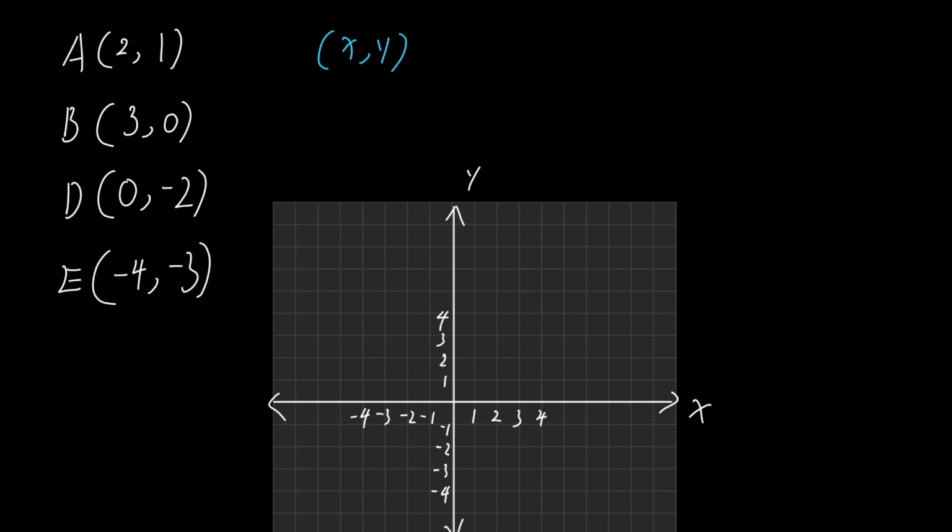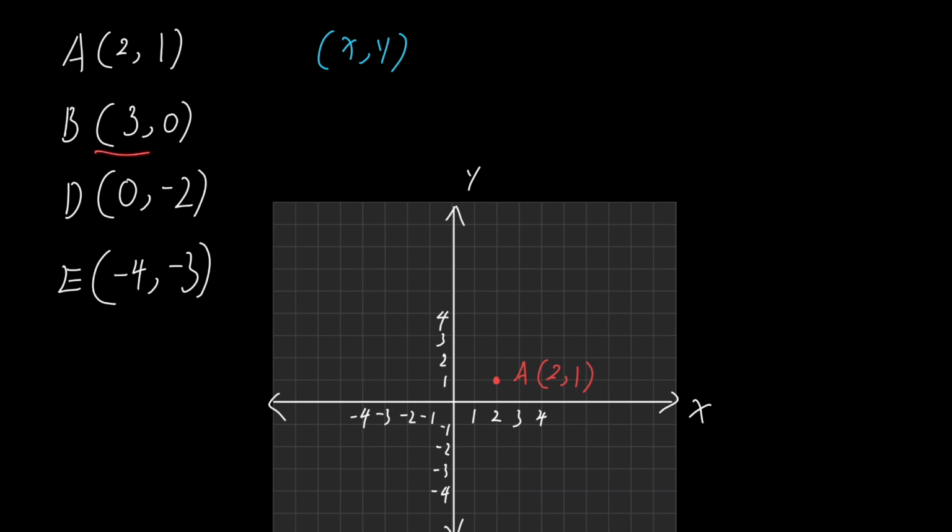Since the x value is 2, we move from 0 to 2 units to the right. Then the y value is positive 1, so we move up 1 unit. And here the location is our final destination. We call it A, letter A, and the address is 2 comma 1.